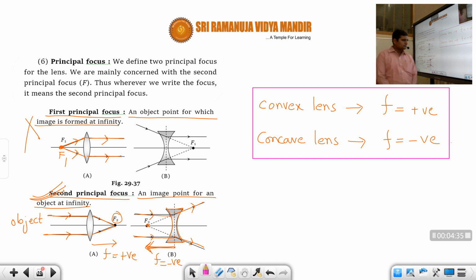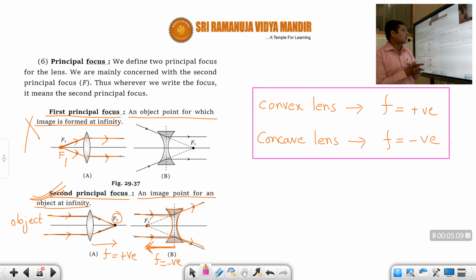This is the most important point that you should know, the sign convention for focal lengths, because they will not give the signs for the focal lengths in the problem. They will just simply say that the focal length of a concave lens is 20 centimeters. But we should understand that when substituting that value in the lens formula or lens maker's formula, we should take that focal length with its sign, negative, minus 20 centimeters, because the focal length of a concave lens is always negative.